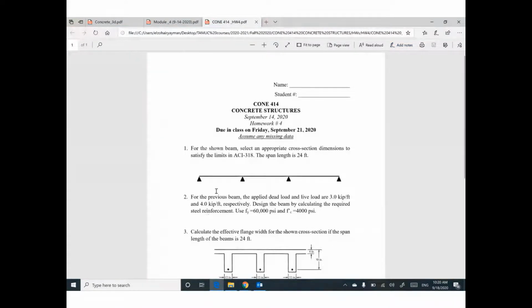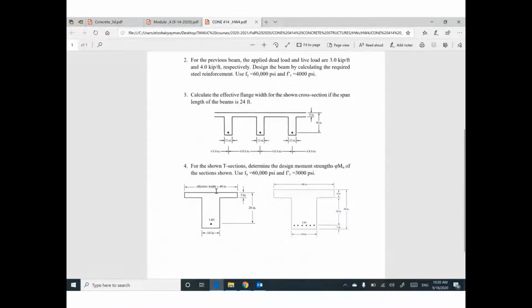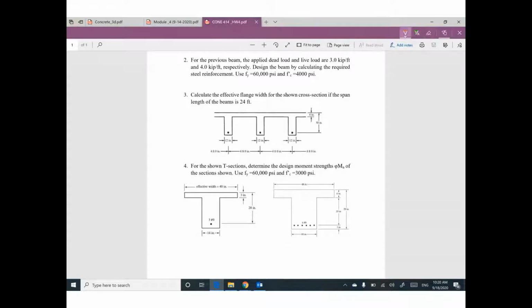For example, the third problem in your homework: calculate the effective flange width. We are looking only for the value of B effective for the shown cross section, if the span length of the beam equals 24 feet. So we have three values. Let's start with the first one.